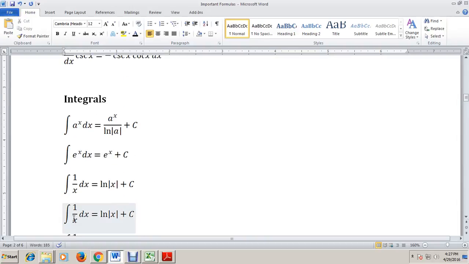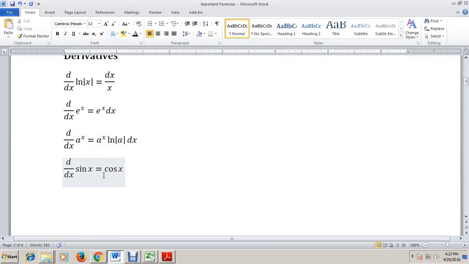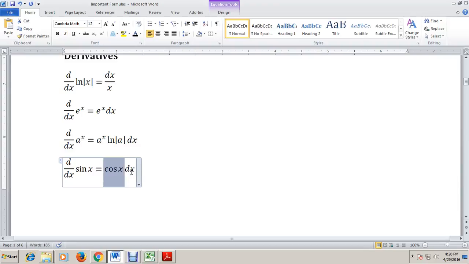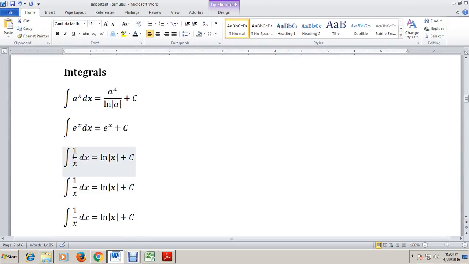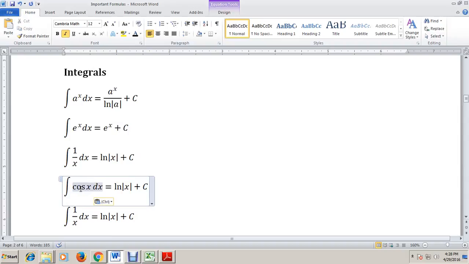If we reverse this process, for example, the derivative of sine x is equal to cosine x dx. If we reverse this, we should have the integral of cosine x equal to sine x plus c.